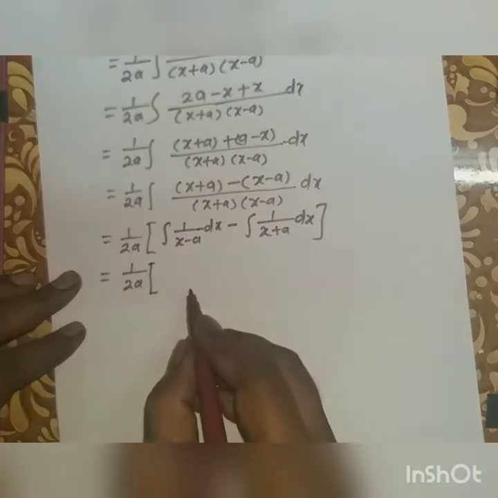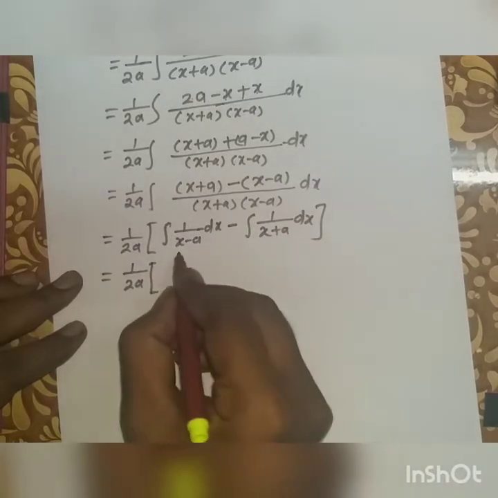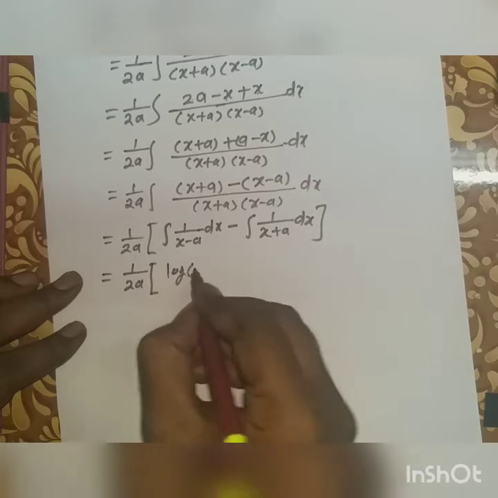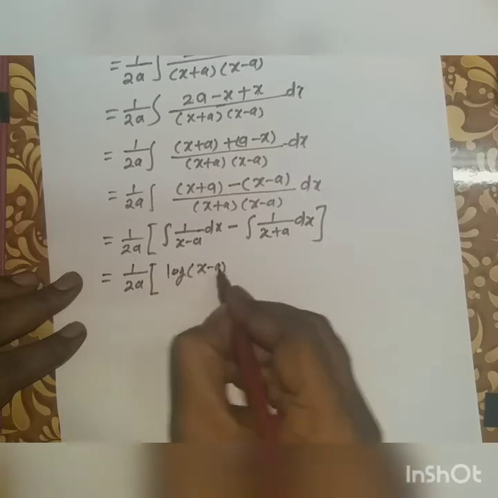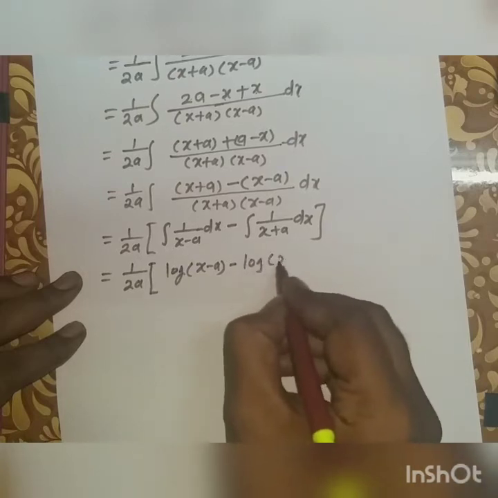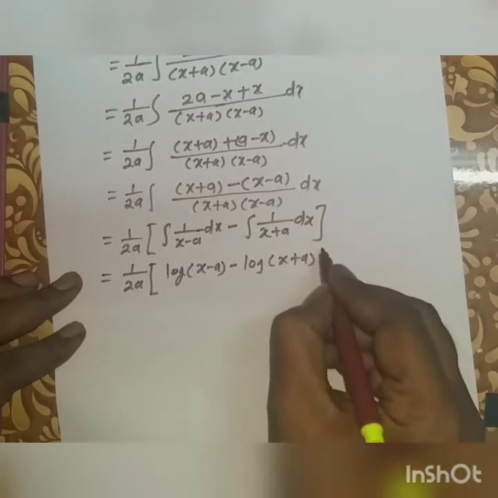The integration of 1 by x is log x, in place of x, x minus a, therefore its integration is log of x minus a, minus again its integration is also log of x plus a.